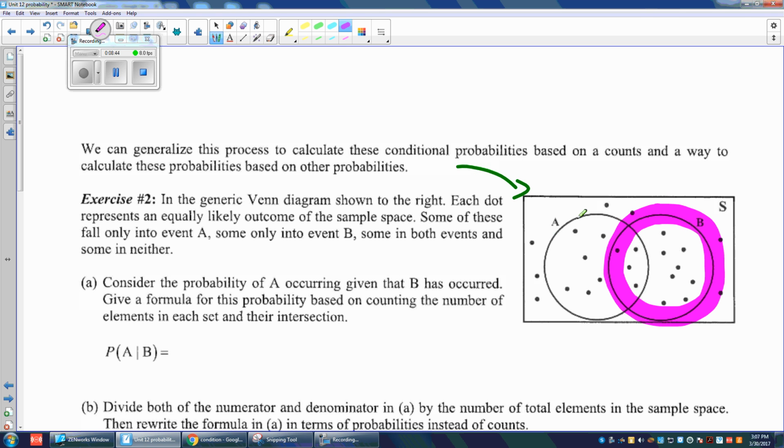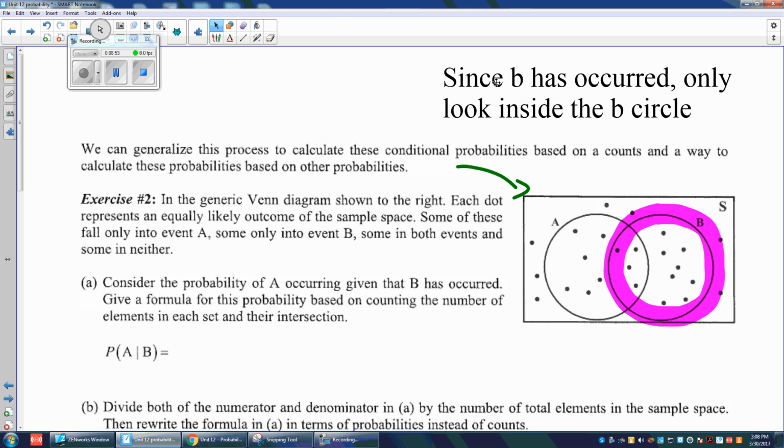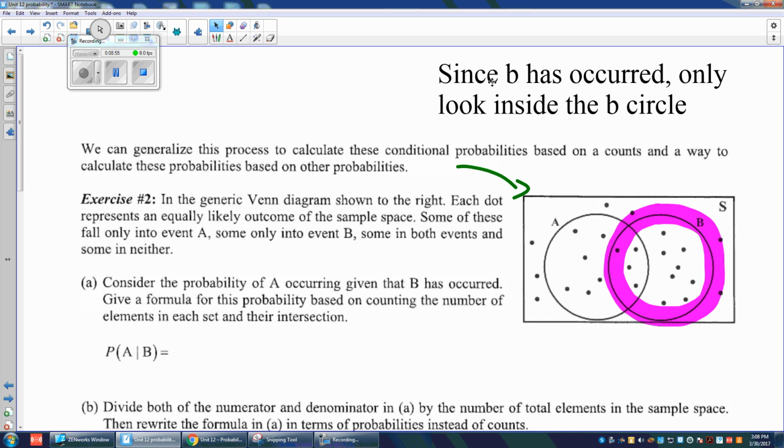I don't care about any of this over here. Since B has occurred, only look inside the B circle. Give a formula for the probability based on counting the number of elements in each set and their intersection.